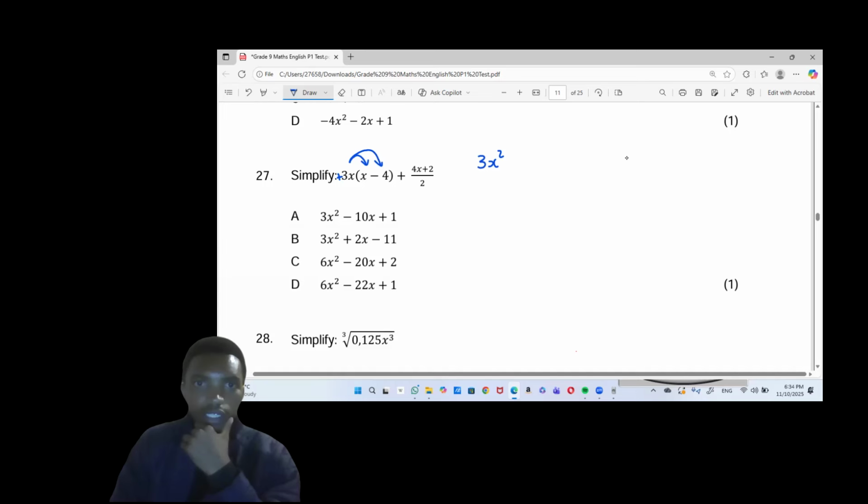So positive times negative is negative. 3 times 4 is negative 12x. Then we still have plus. Here, let's simply do it this way. We have 4 over 2 plus 2 over 2. We just broke this down at that point. So let's quickly finish it off. We have x squared minus 12x plus 4 divided by 2 is how much?